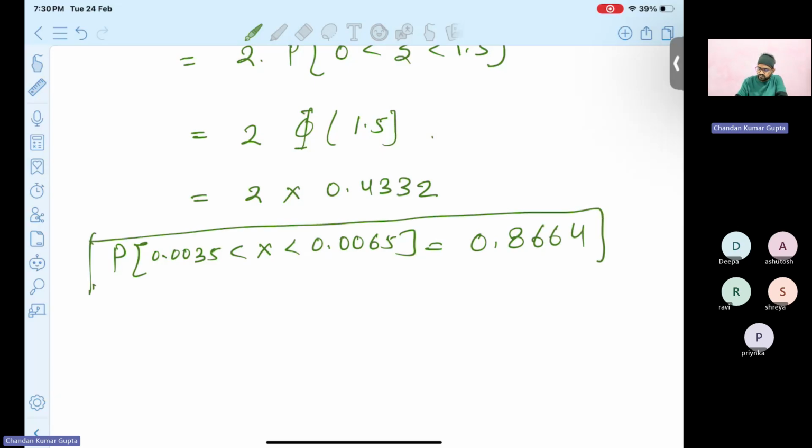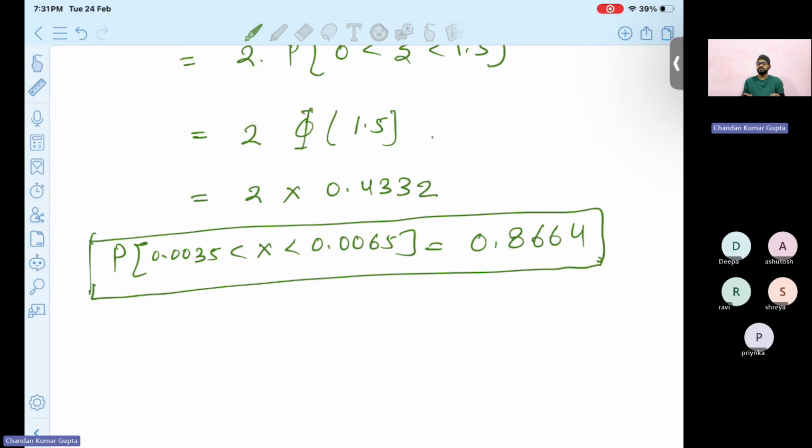This is our required probability. That means 86.64% of the dots have size between 0.0035 and 0.0065 centimeter. So this is the answer. Any doubt up to this point? Any question?